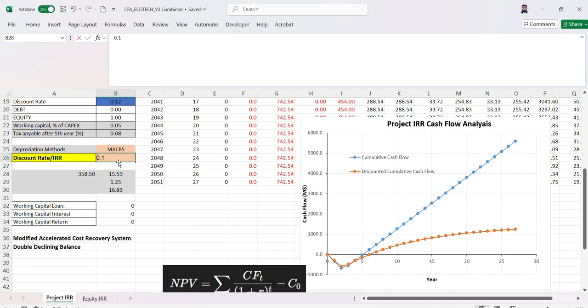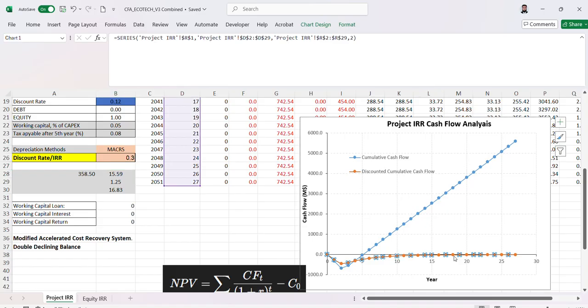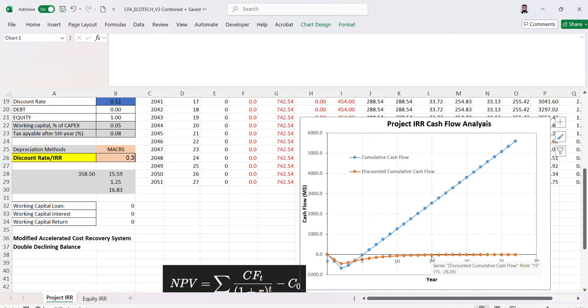Let us check 0.3. If the discount rate or internal rate of return is 30%, then we can see the project is not profitable. That means it will take about 15 years to reach net positive.